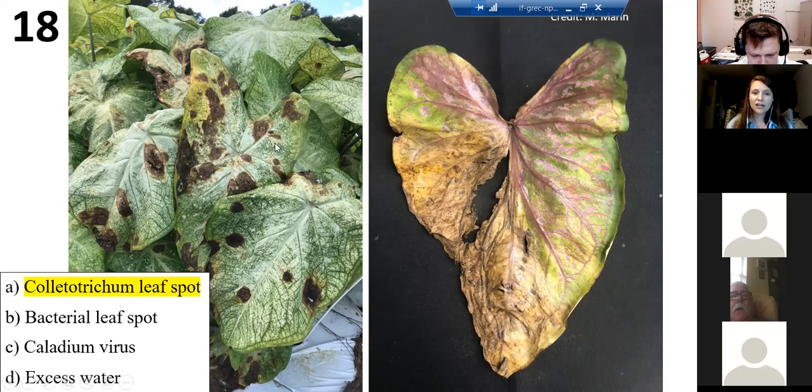It wouldn't be that dark either. You pay close attention to it. I know in the picture sometimes it's hard, but you would be able to see the signs of the fungus here. For Colletotrichum, they are usually orangey. So that was a good indication that it is the fungus and not the virus.